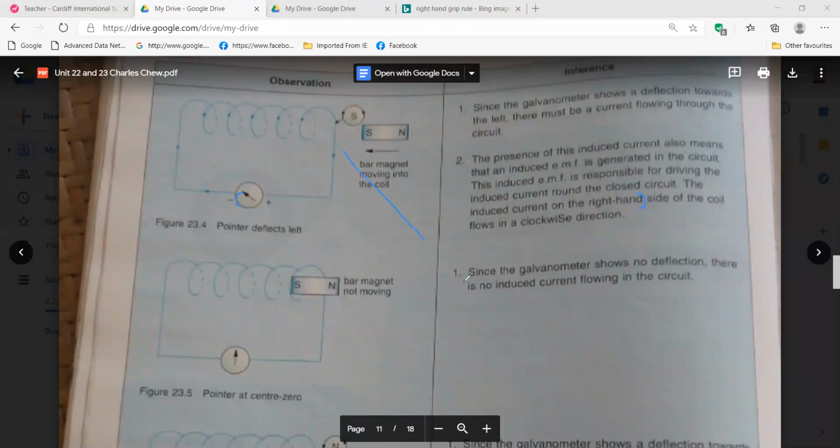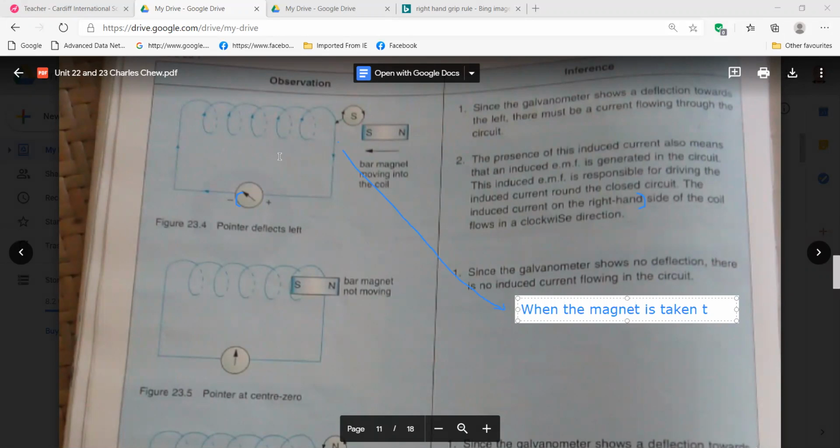For this one, I am writing first. When the magnet is taken... You have to draw it, otherwise you will not understand, my dear.